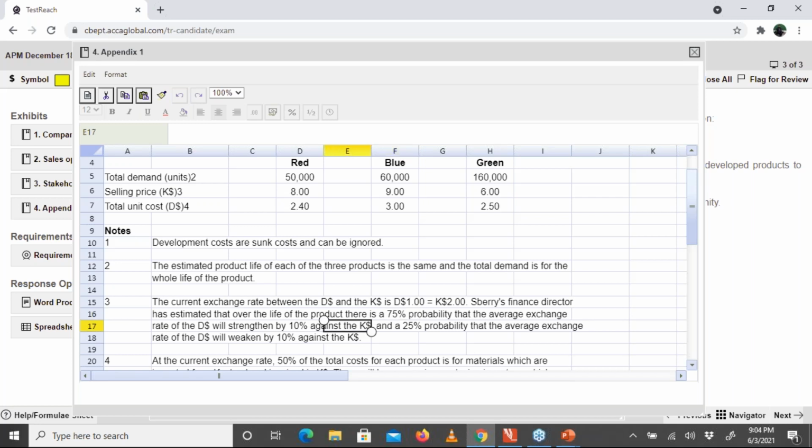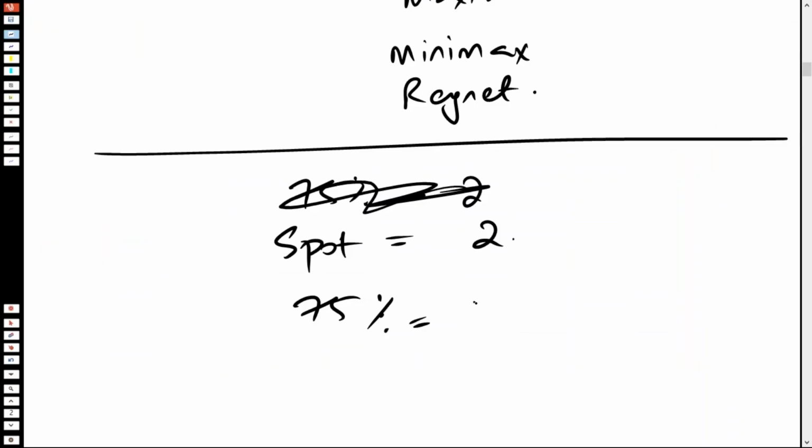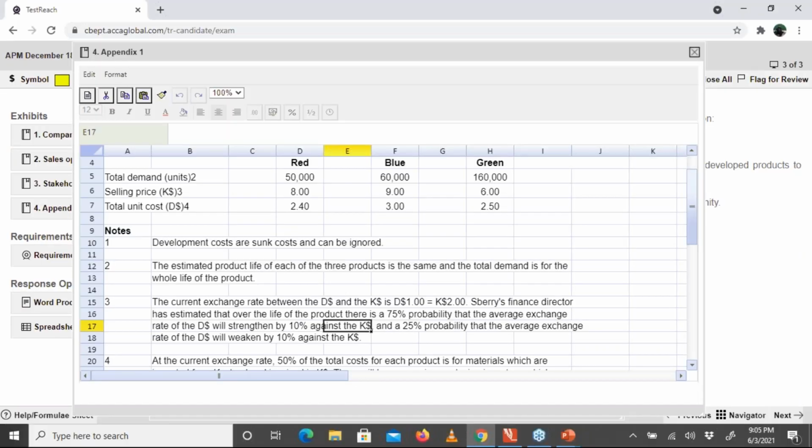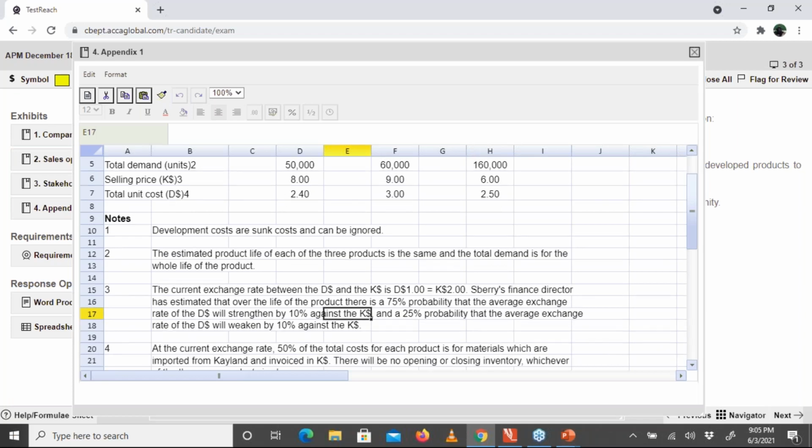That means that from 1 D dollar you'll be able to buy more. So 2 times 1.1 gives you 2.2. And there's a 25% chance that it is going to weaken, so it is going to become 1.8.